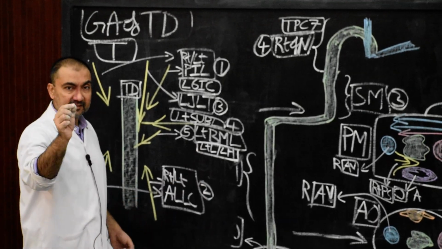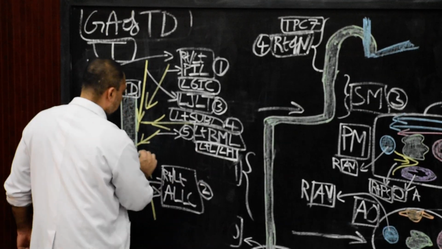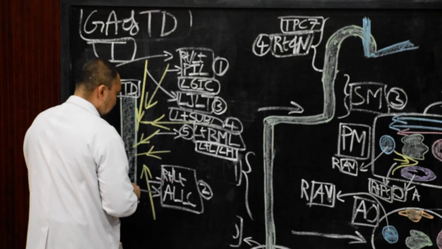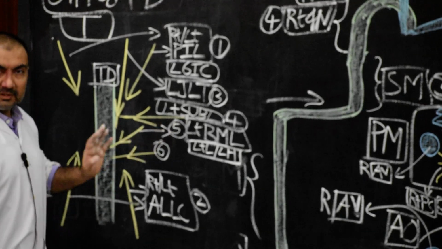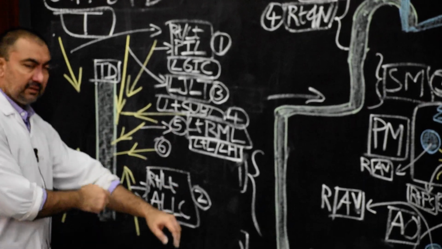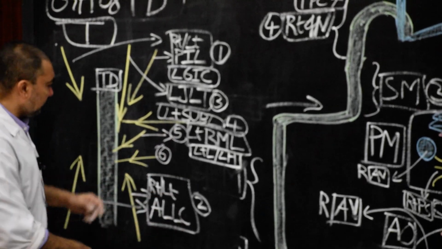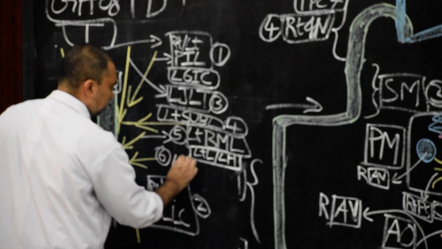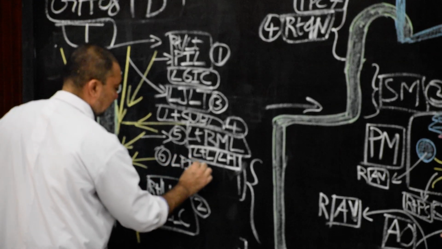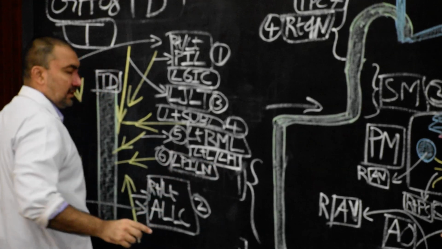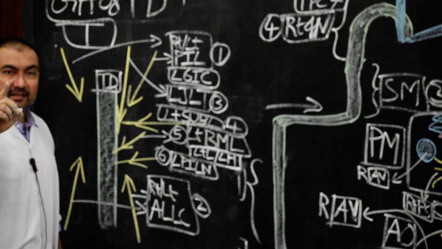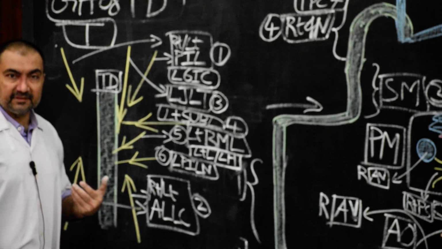And tributary number 6, this is the last one. Of course, this is also on the left side. That is what we are drawing on the left side. Tributary number 6, we are going to write down the left posterior intercostal lymph nodes from upper 6 intercostal spaces, but on left side.